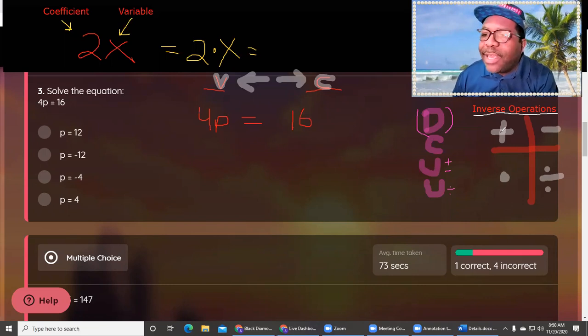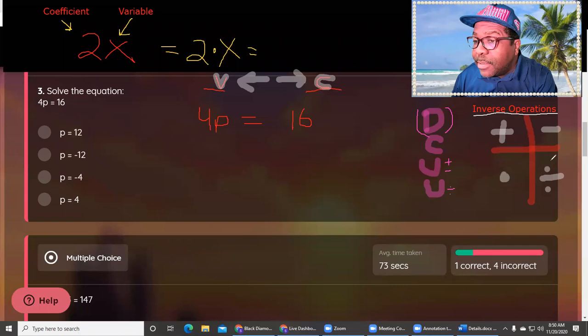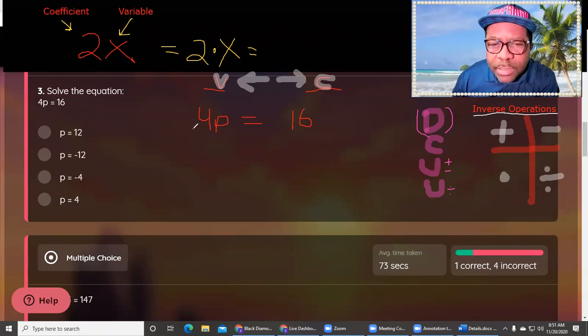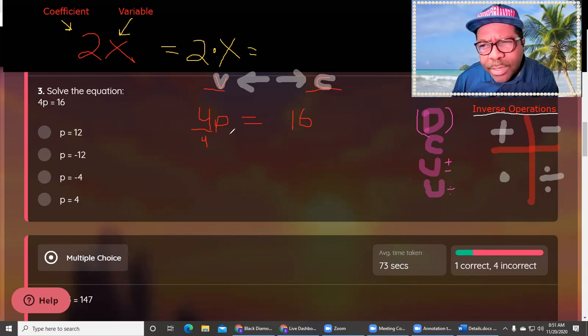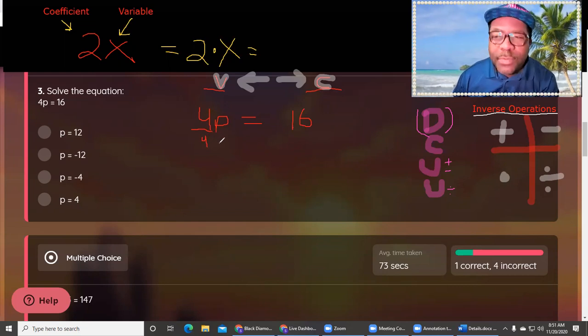So what's the inverse operation for multiplication? It's division. So we're going to make a fraction under the 4. You see, the fraction is under the 4, not under the 4p, not under the p, just under the 4 for a reason.